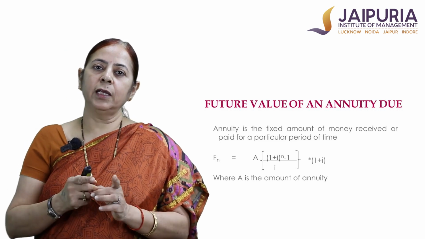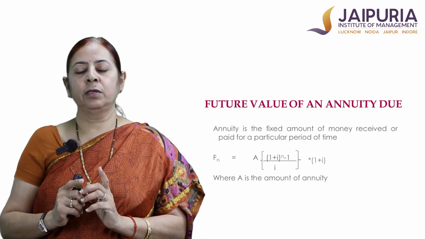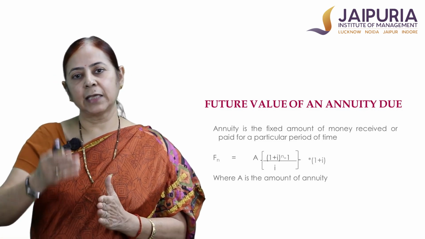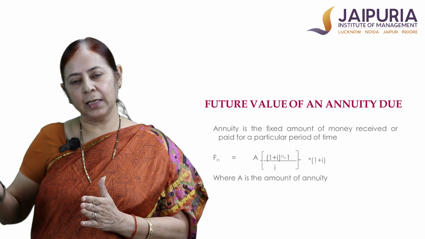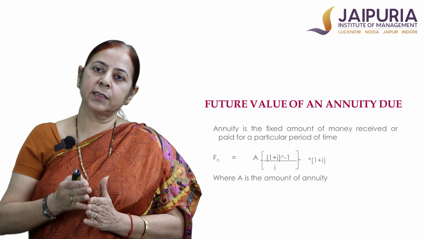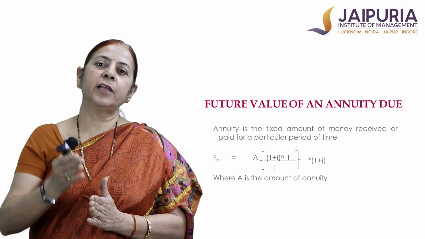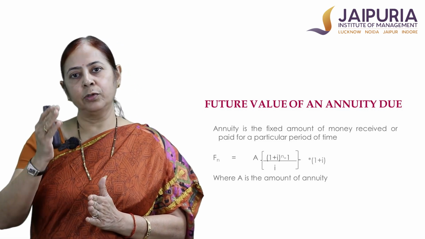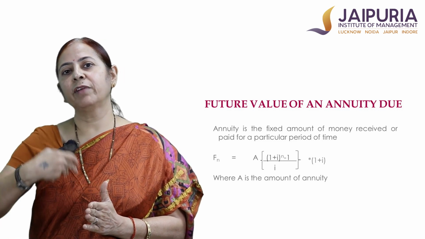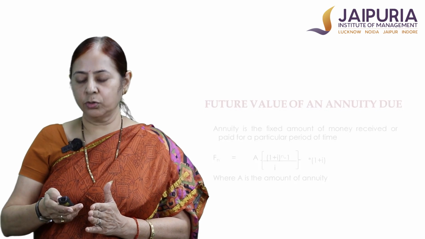Now here, as an investor, if I deposit money today in my bank FD or in mutual fund, wherever, I start expecting the return from the same time because the money has been deposited today. So it is the start of the period, which is known as annuity due. So I will use the same formula and multiply it with 1 plus i to give 1 year's additional interest. So this is how value is being calculated.